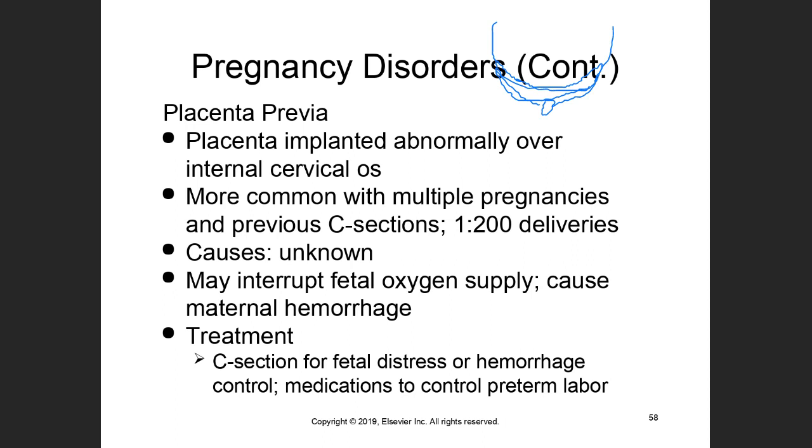The presentation of patients with placenta previa is painless bleeding. The woman is going to have bleeding and no pain. That's placenta previa. Painless bleeding in a pregnant woman, placenta previa. Treatment is to avoid sex, and you need some rest.